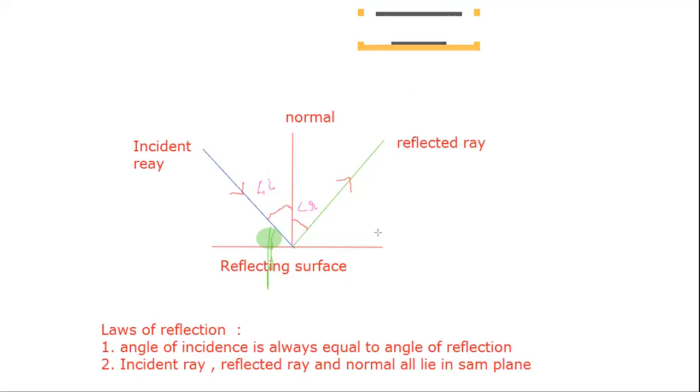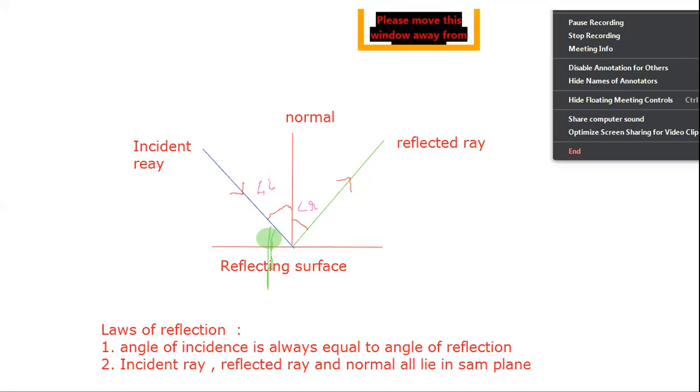We know that angle I and angle R are equal, and what is given to us is angle I plus angle R is equal to 80 degrees. So you can solve it and you will get the angle of incidence equal to 40 degrees. Yes, 40 degrees, right?